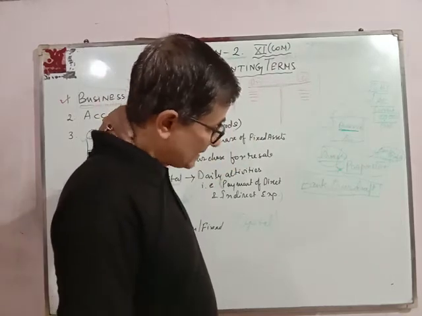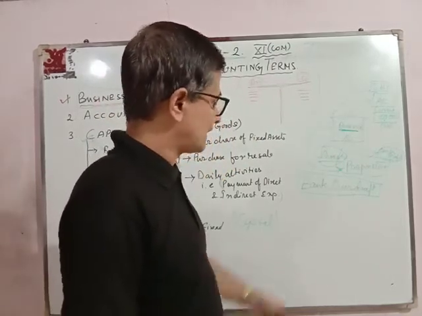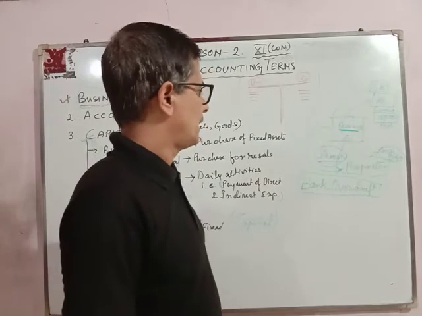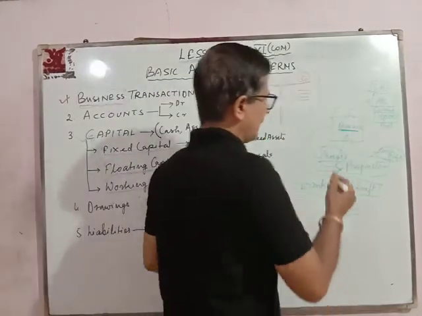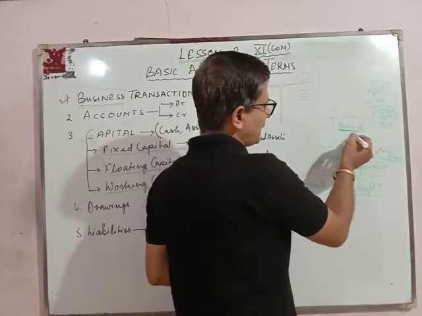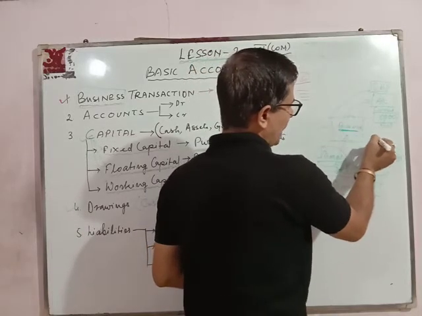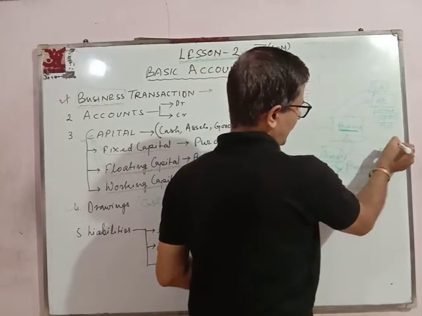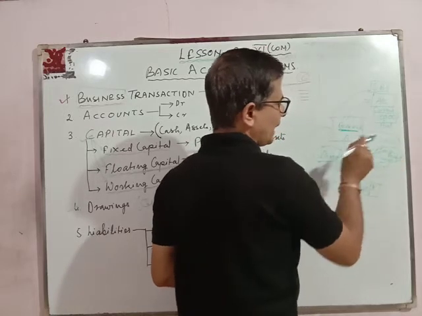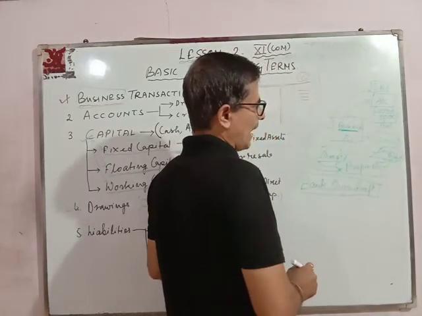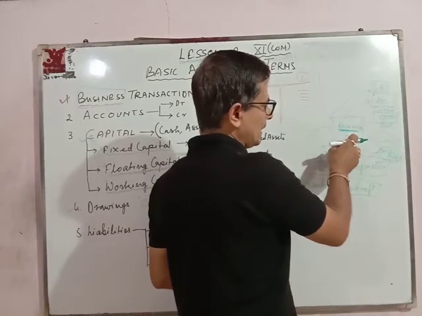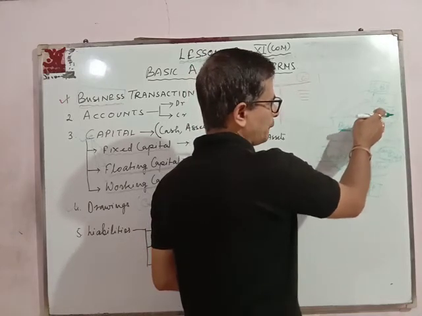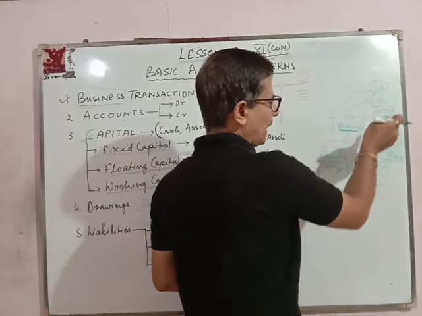So what is this facility? This is nothing but bank overdraft. Now I'll take an example, you will understand better. Suppose the businessman needs to pay someone 12,000 rupees, and he doesn't have the idea of what is there in his account balance.